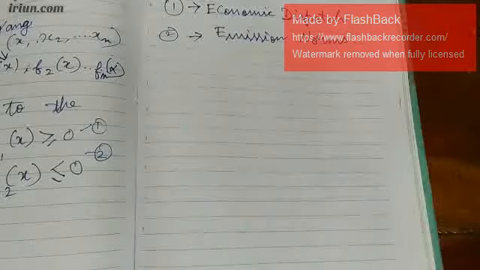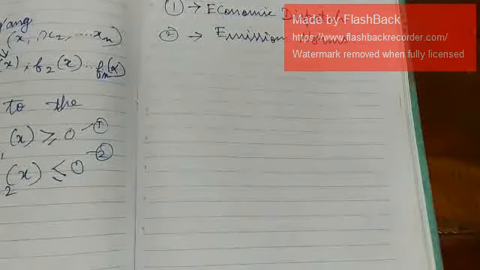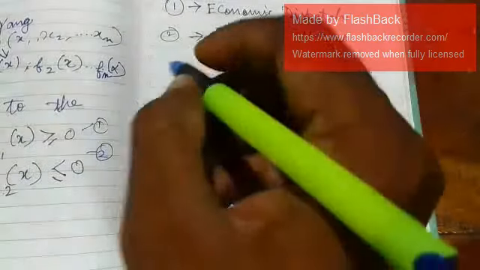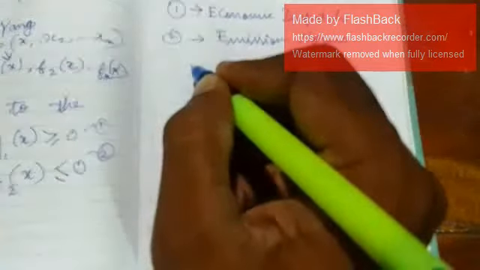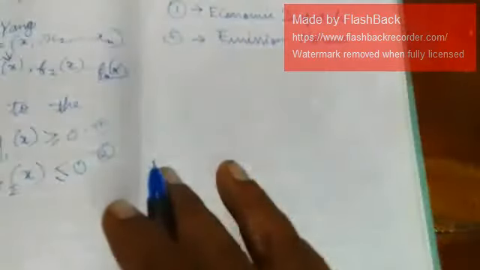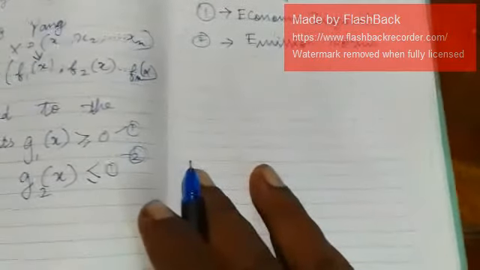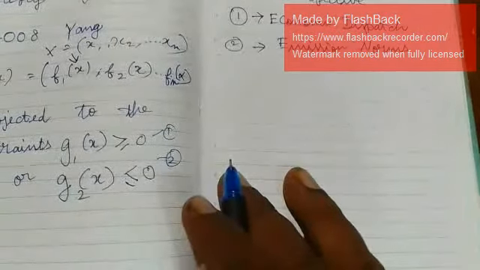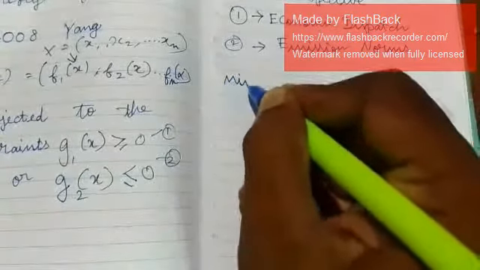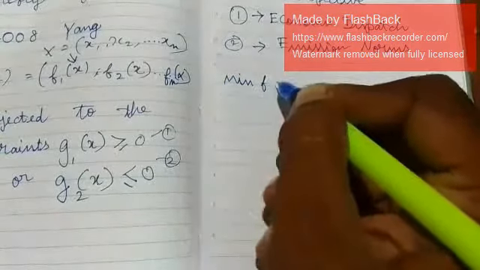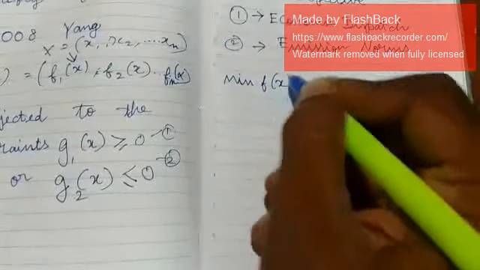At this stage, I am sure that researchers will remember the actual function, that is f of x. f of x is the function to be minimized. Minimize f of x.